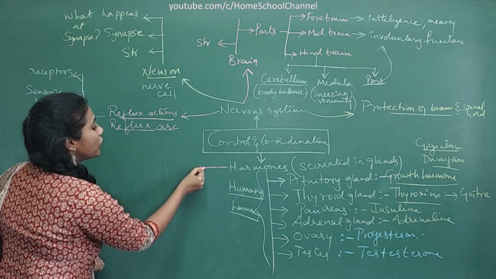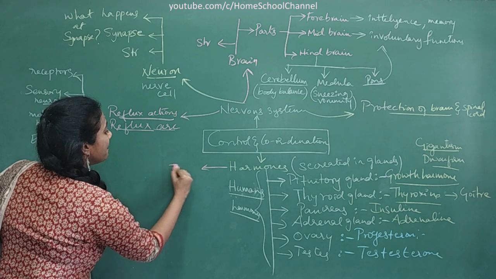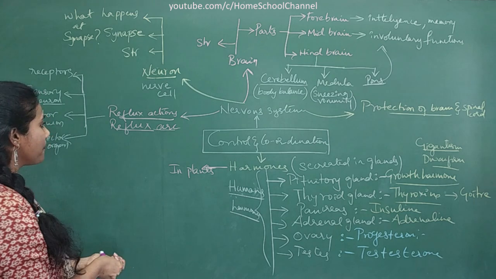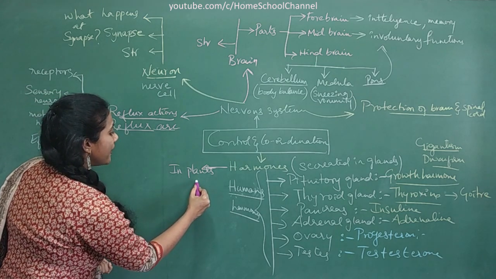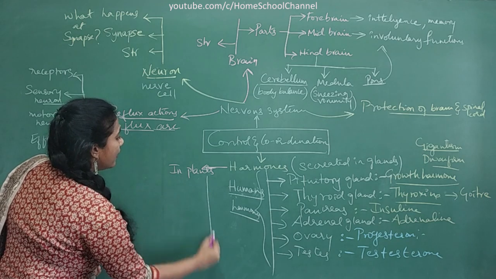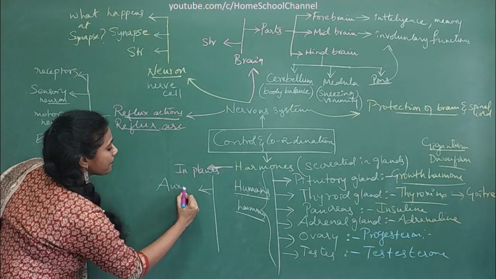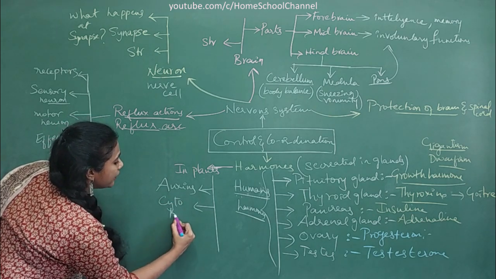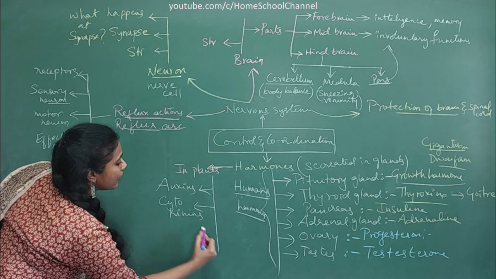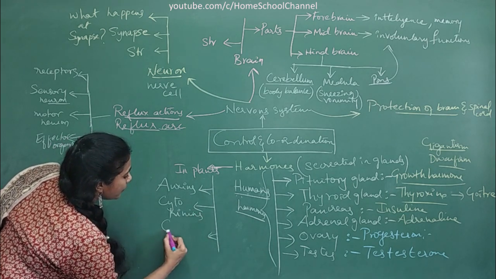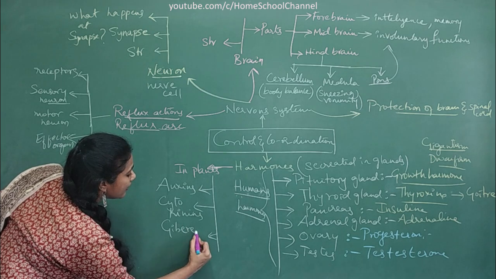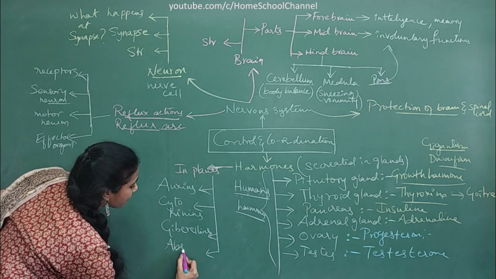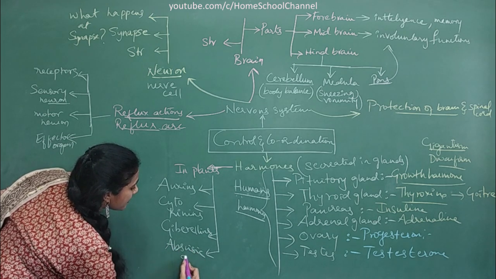If we have to talk about hormones in plants, there are 4 major hormones in plants. They are auxins, cytokinins, gibberellins, and abscisic acid.